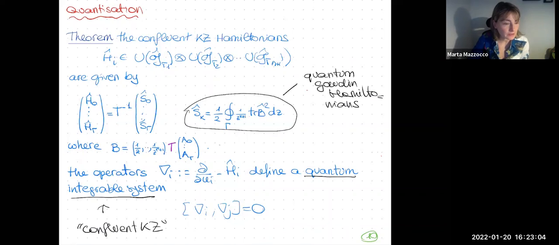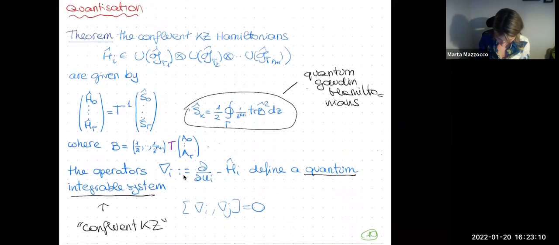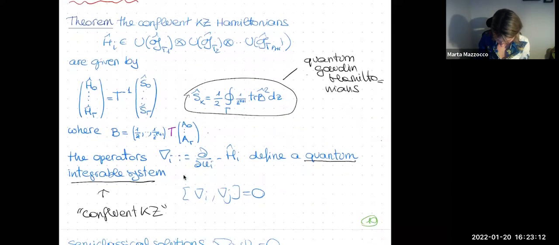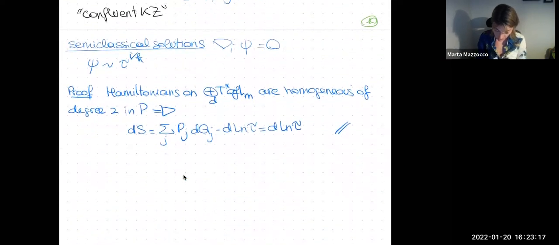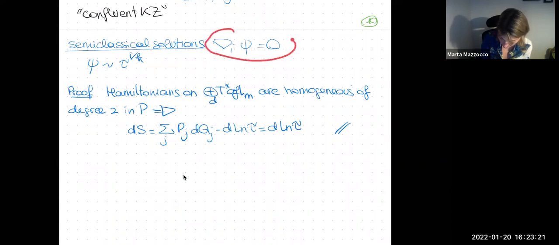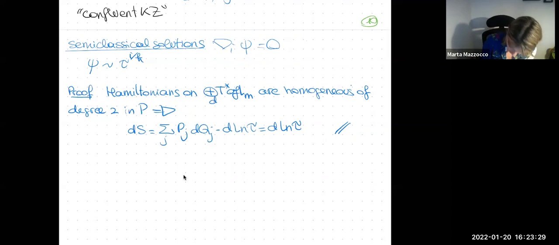All right. So the other thing I wanted to discuss very briefly is the relation between this object and the so-called semi-classical solutions. So semi-classical solutions are solutions of this system, of this confluent KZ, which are very interesting. Roughly speaking, this is stuff that comes from physics.